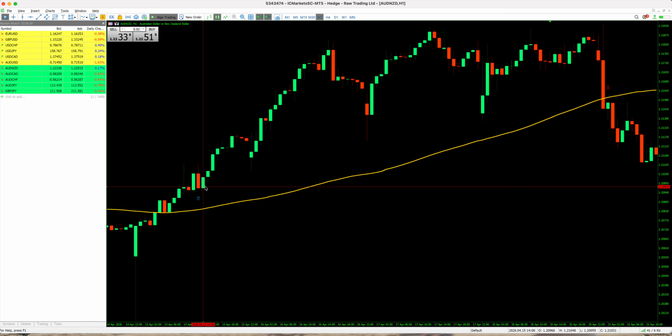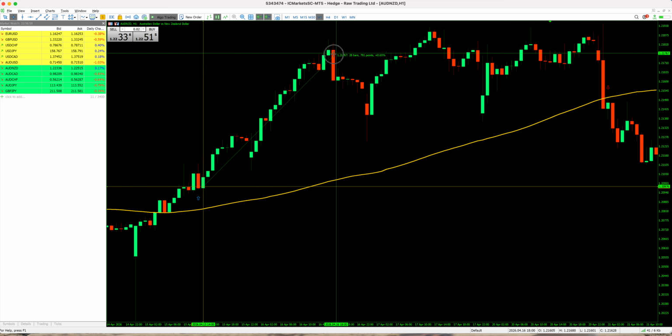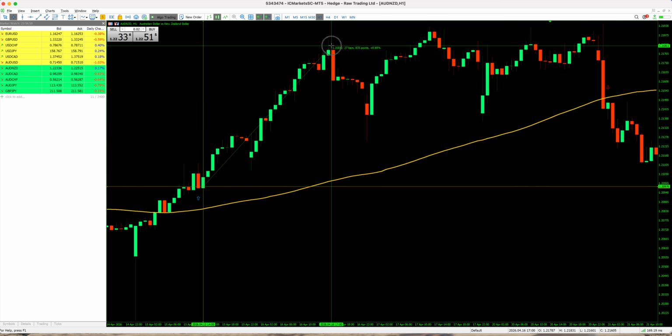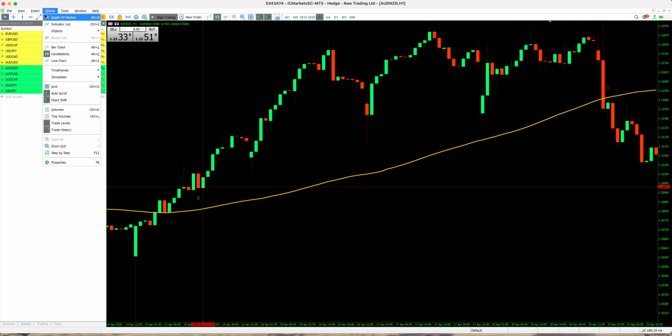This is the entry price, and you can see how much the price went up, about 83 pips. This indicator, of course, is not a 100% win rate, but it is a high win rate. I can tell you 70% win rate guaranteed from my own experience.